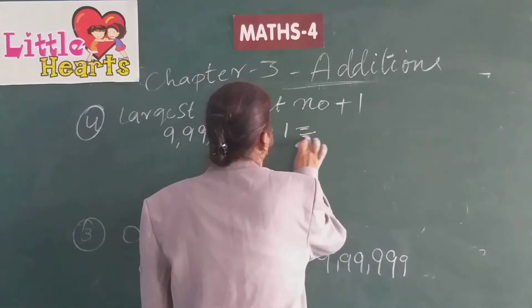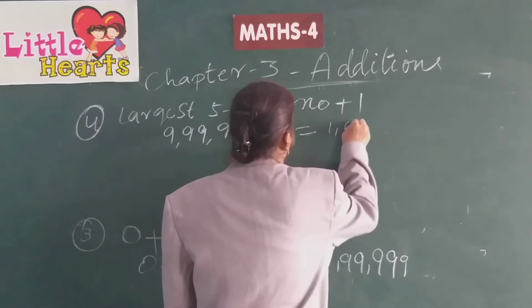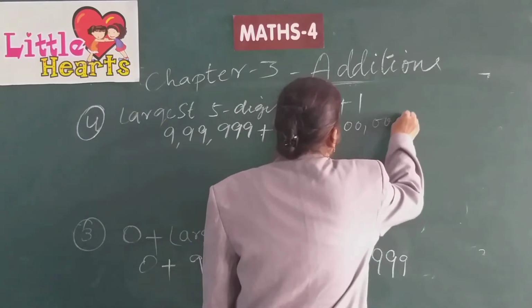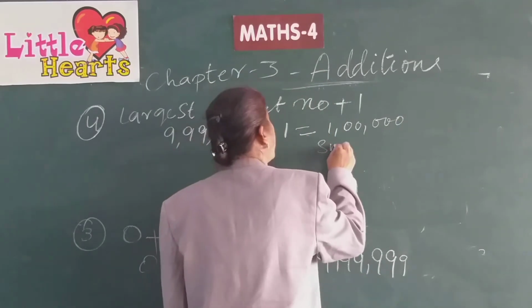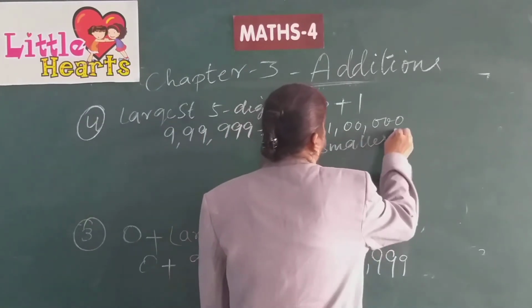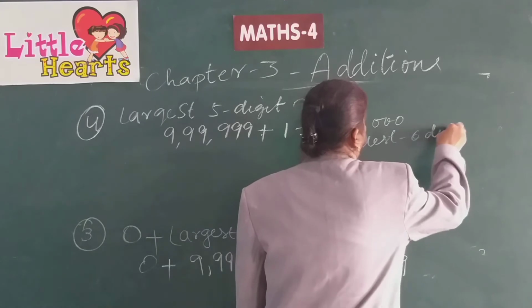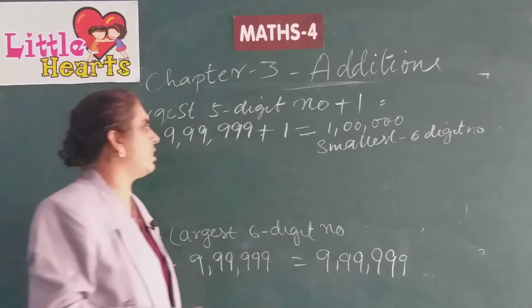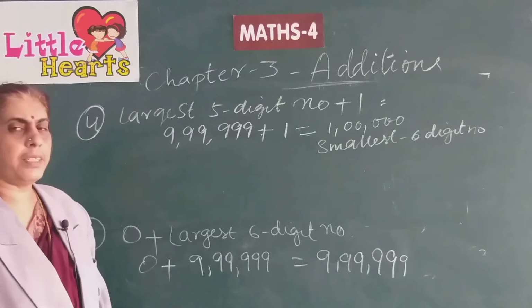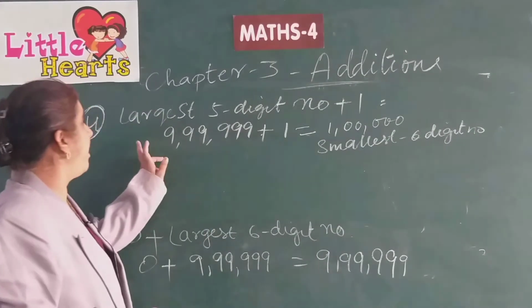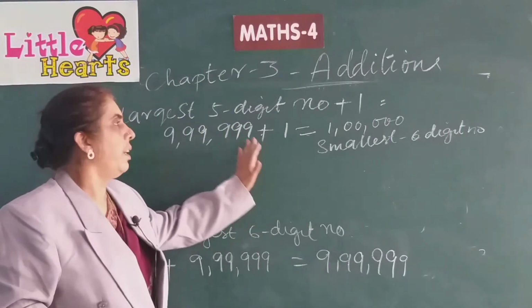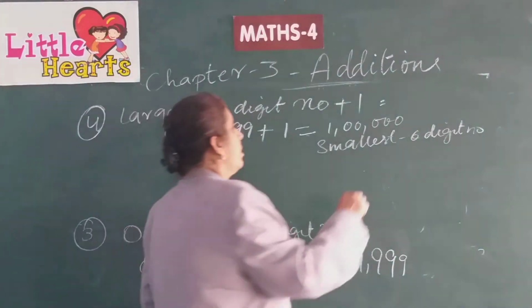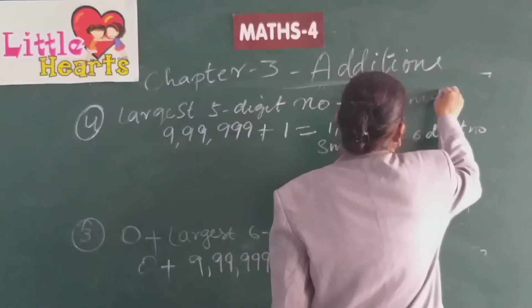We get the next number, that is 1 lakh, which is the smallest 6-digit number. So when 1 is added to the largest 5-digit number, what do we get? We get the smallest 6-digit number.